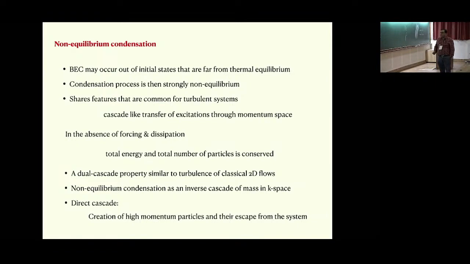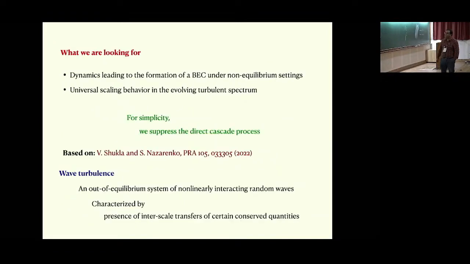So here you can have a dual cascade. You will have non-equilibrium condensation as an inverse cascade of mass or particles in k space, that is from high wave numbers to small wave numbers. And then you will have a direct cascade, that is creation of high momentum particles which eventually escape from the trap or from the system. Okay, you will lose them.